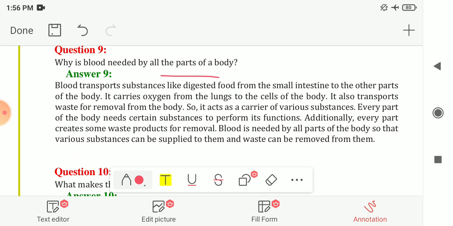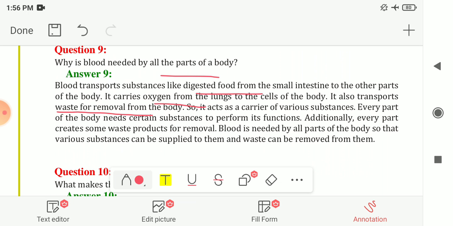Why is it necessary for the blood to reach the different parts of the body and each and every cell of the body? So the blood transports substances like digested food from the small intestine to the other parts of the body. Then it also carries the oxygen from the lungs to the cells of the body. It also transports the waste for removal from the body.